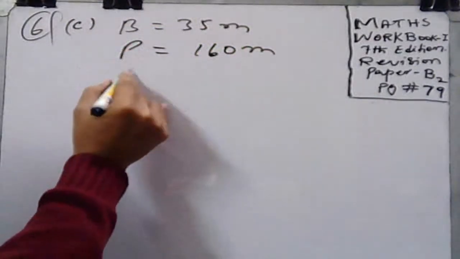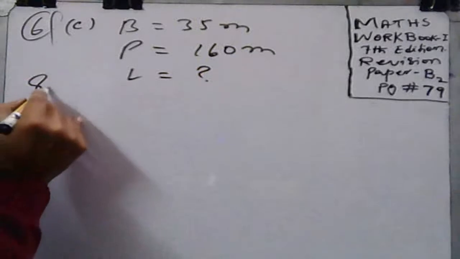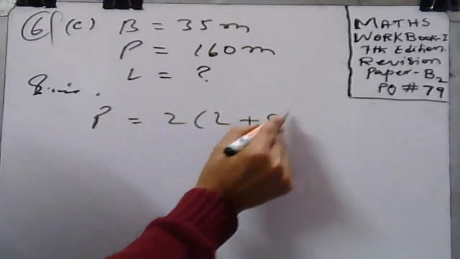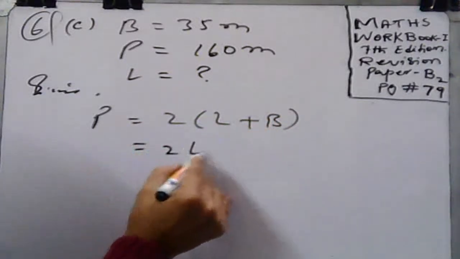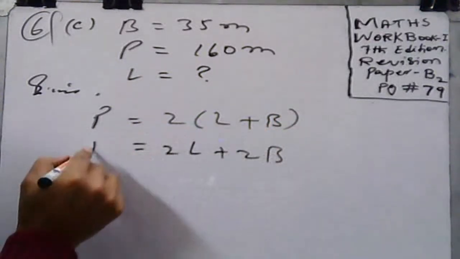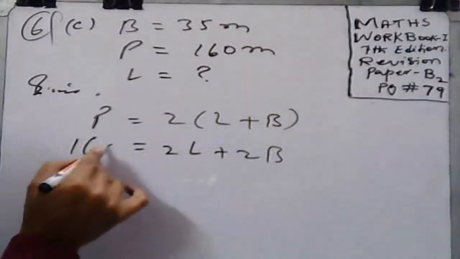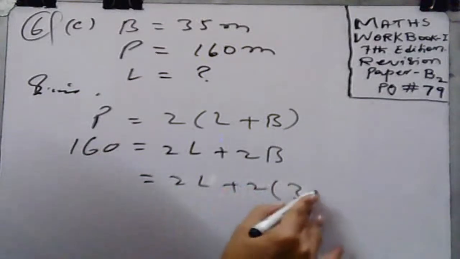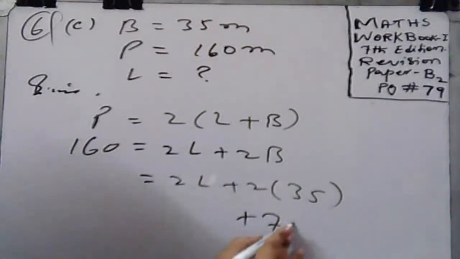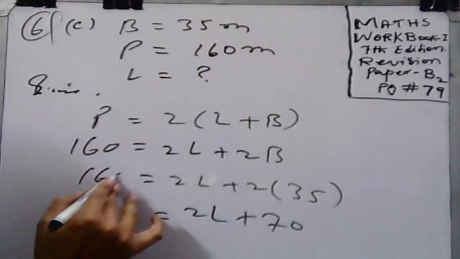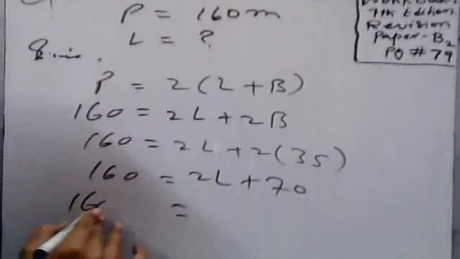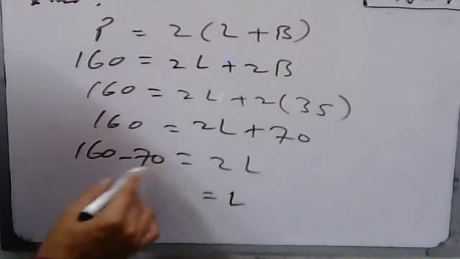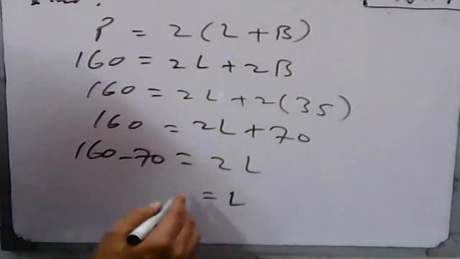We have a formula: the perimeter of a rectangle is 2L plus 2B. The perimeter is given to us, that is 160, and the value of B is 35, also given to us. After simplification, we have to find the value of L. So 160 minus 70 is 90, which is equal to 2L.